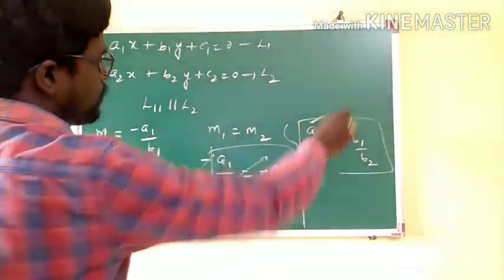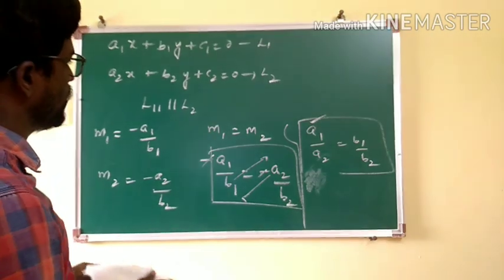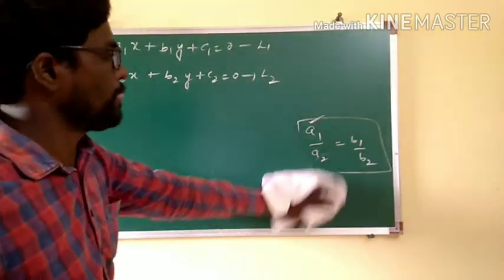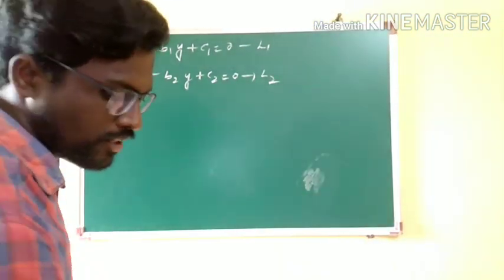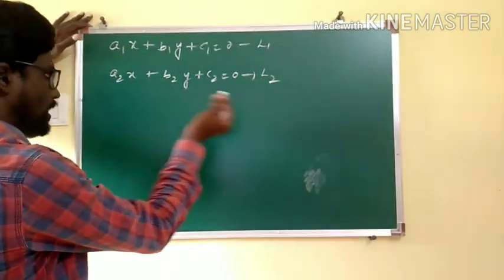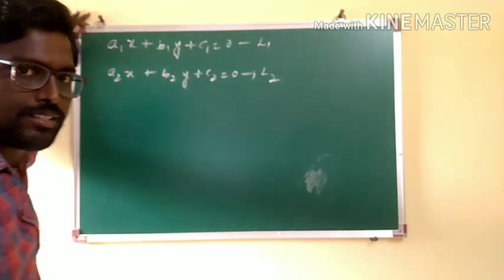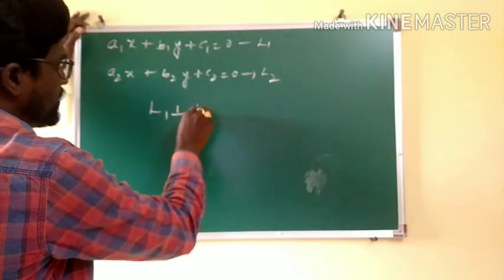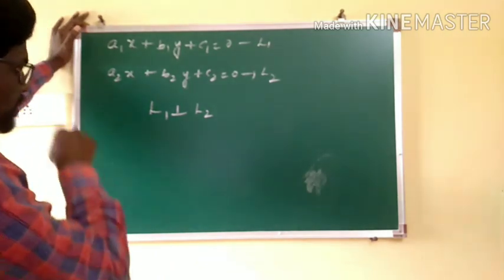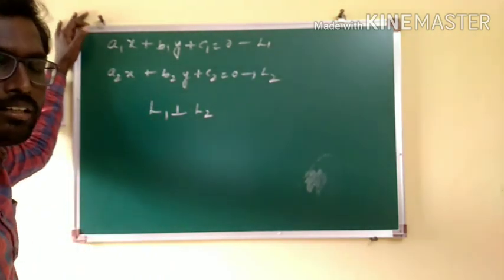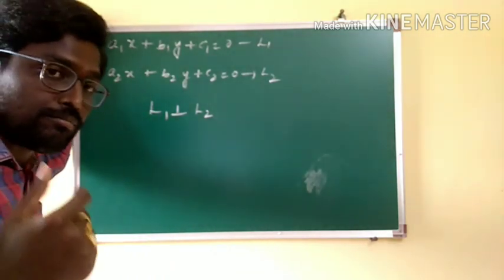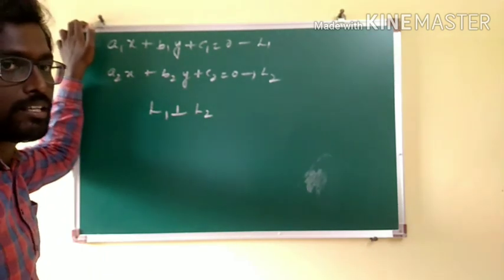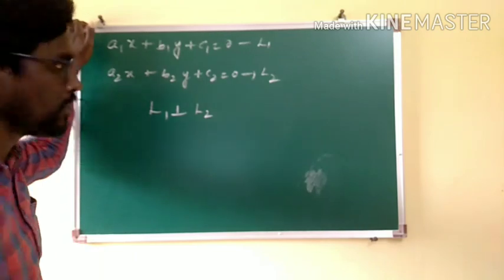This is the first condition you will note. Under the note you have to mention this. If these lines are perpendicular, I said already, if two lines are perpendicular, meaning L1 is making a 90 degrees angle with line 2, then the relation between their slopes is given by m1 into m2 is equal to minus 1.